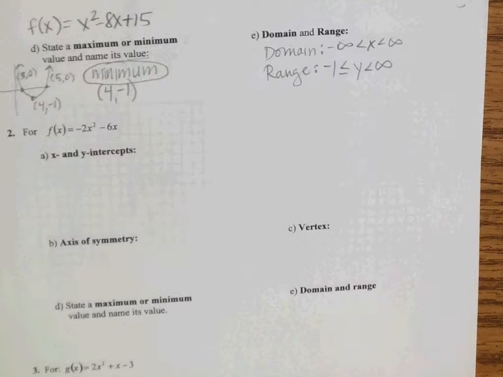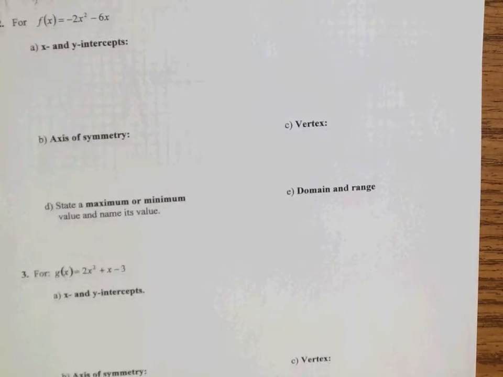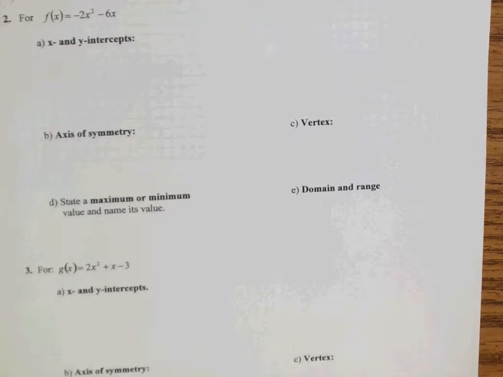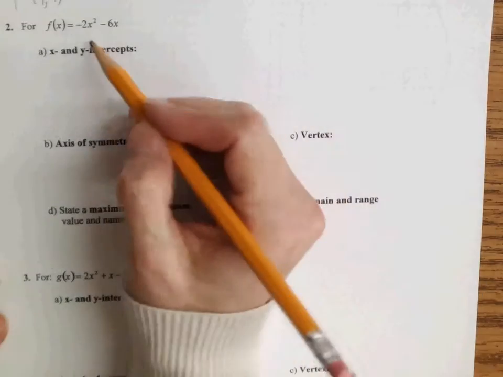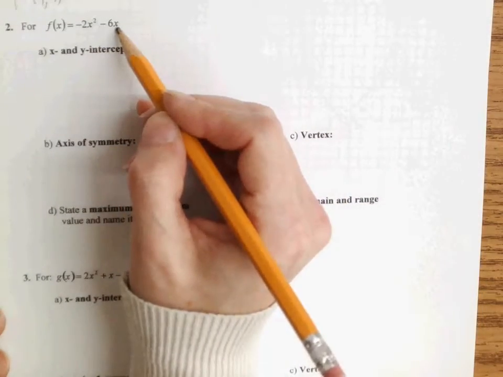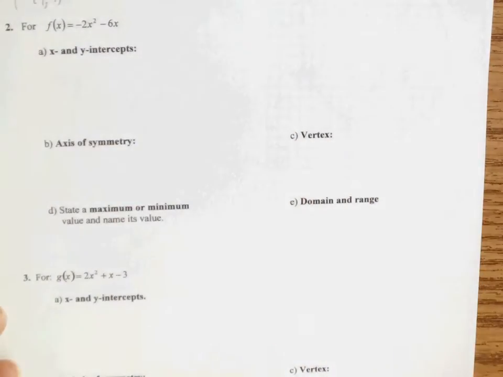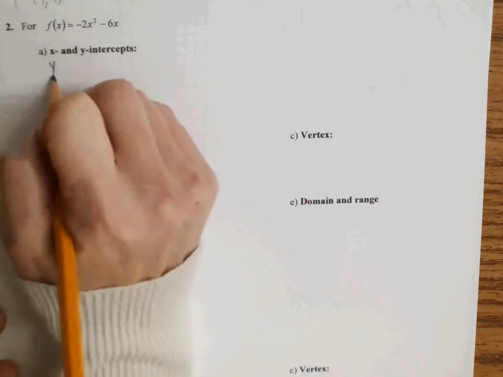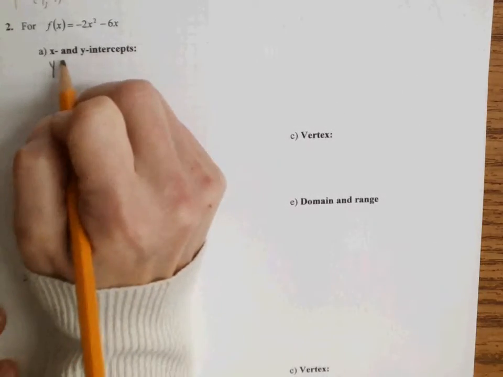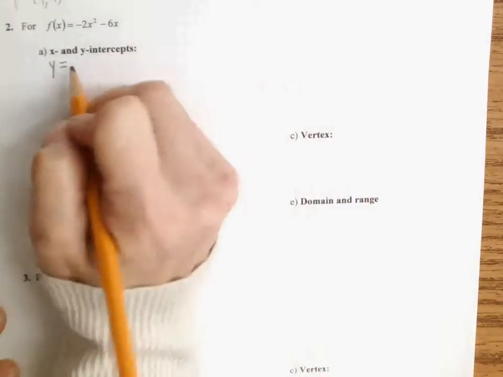Let's try this again for number 2. For number 2, I have -2x² minus 6x. The first thing we're going to do is look for our x and y intercepts. I am going to start with the y-intercept. To find my y-intercept, I'm going to put 0 in for x.